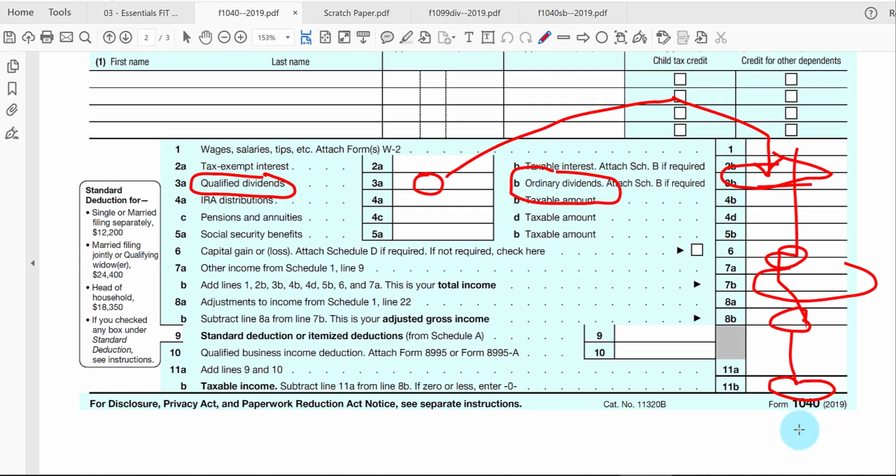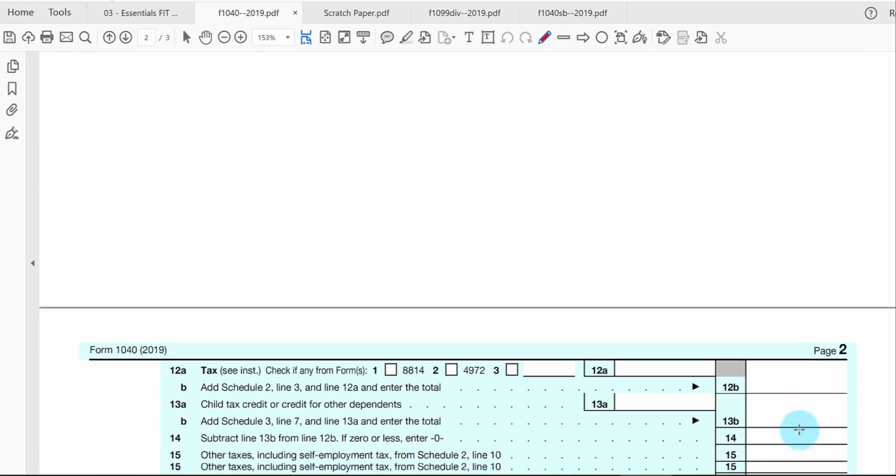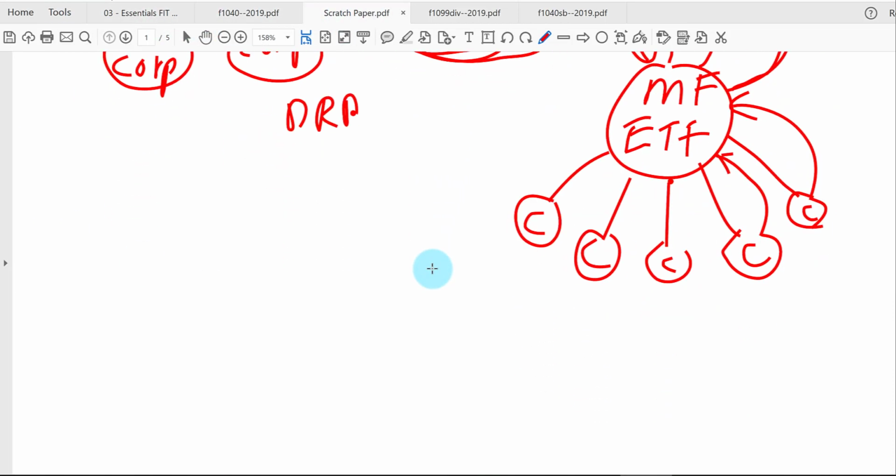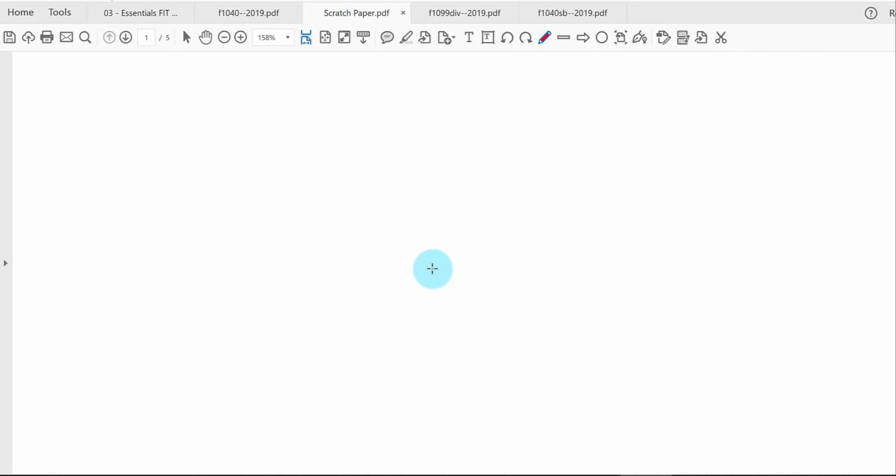And we've learned already how to calculate the tax on the taxable income amount. Back in the previous chapter, we saw the tax tables and the tax rate schedule. So let's take a look at the calculation for tax on dividends. Let's start off with the taxable income number.